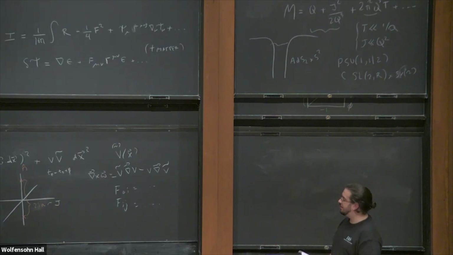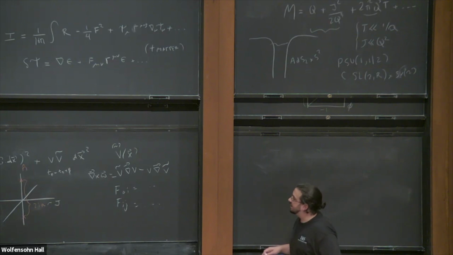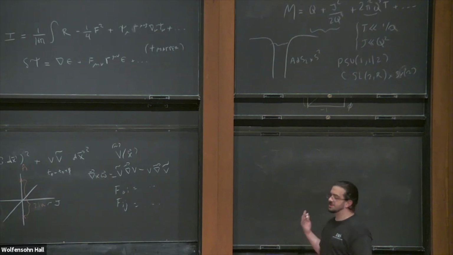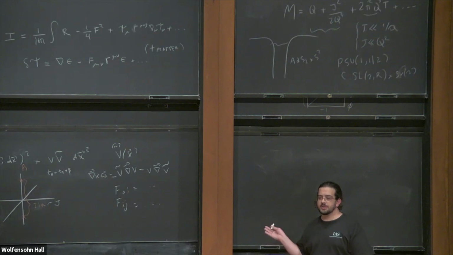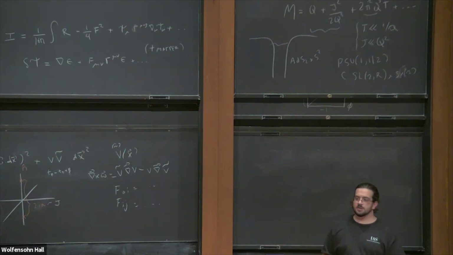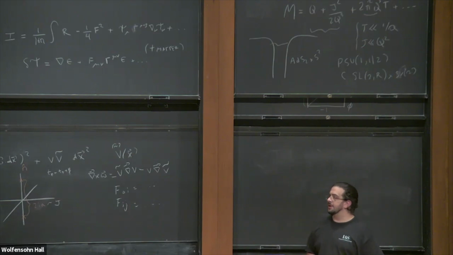Another comment I wanted to make is that this procedure of computing the index by looking at bulk solutions with imaginary chemical potentials appears in a lot of examples. I mentioned 4D charged black holes. Another example is AdS3, where if one considers 4,4 supergravity in AdS3, one has an SU2 gauge field.